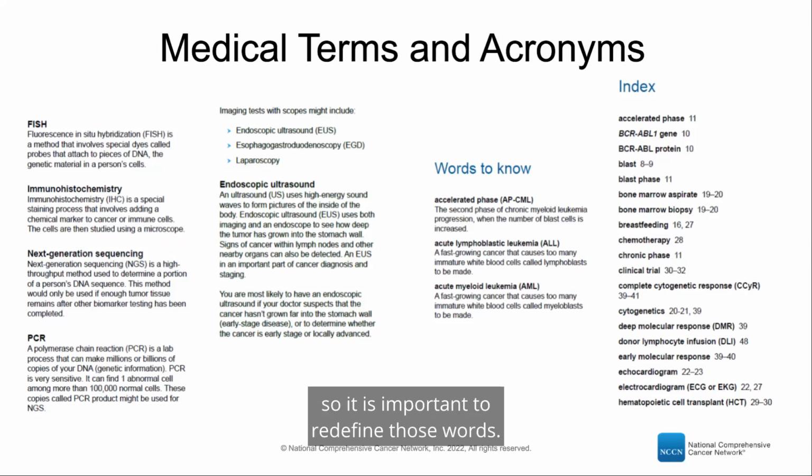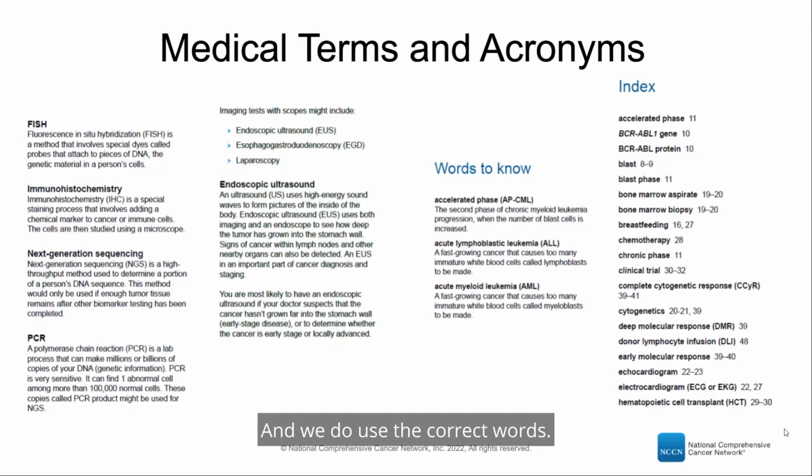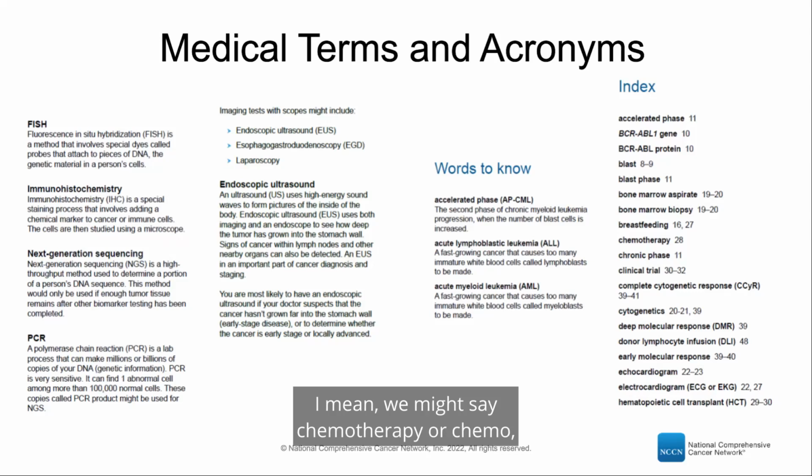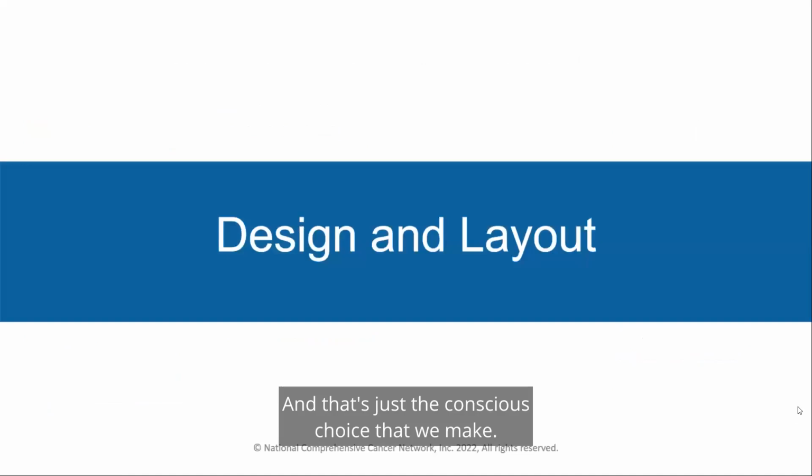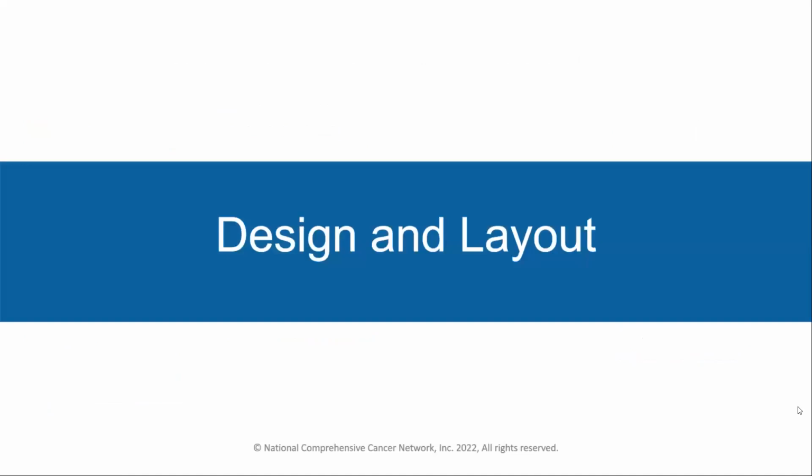So it is important to redefine those words. And we do use the correct words. We don't use slang. We might say chemotherapy or chemo, but chemotherapy is the term used throughout the book. That's just a conscious choice that we make.